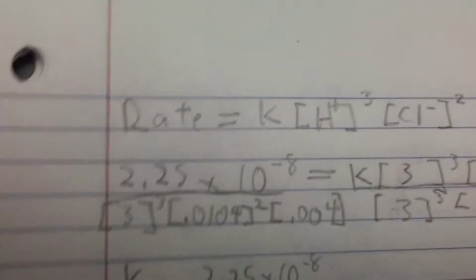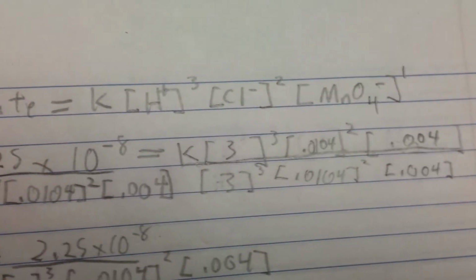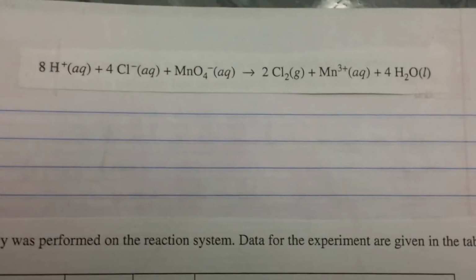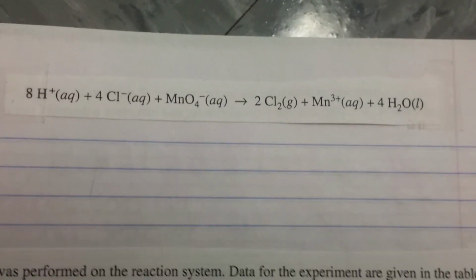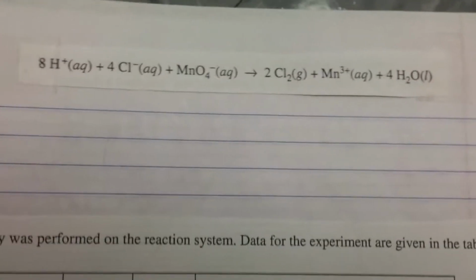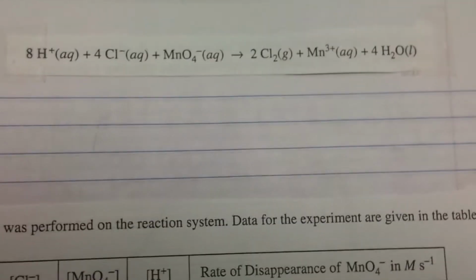And if you look at the orders of our rate law that we calculated, it's 3, 2, and 1. So that's not even close to the coefficients of the reaction. If it were an elementary step, then you would see that the coefficients matched up. But since they don't, we can see that it is not an elementary step.